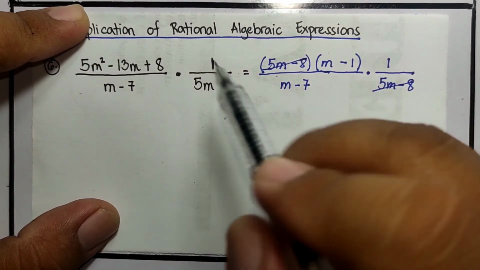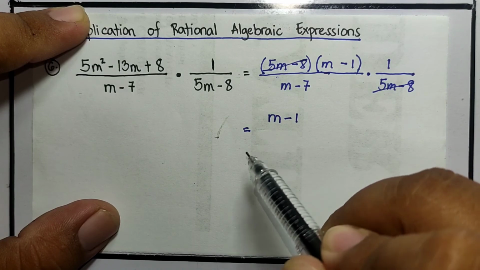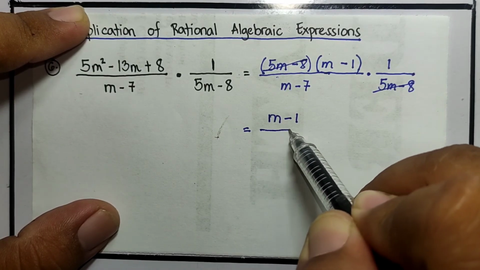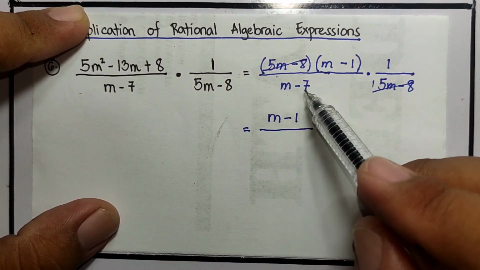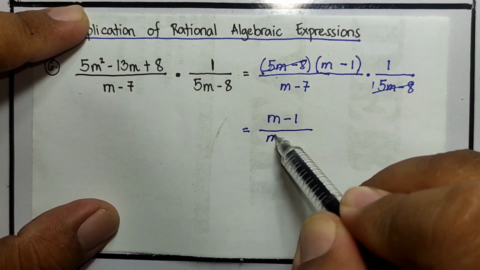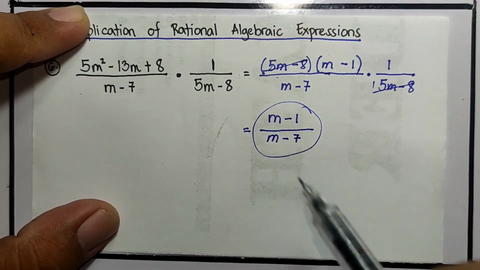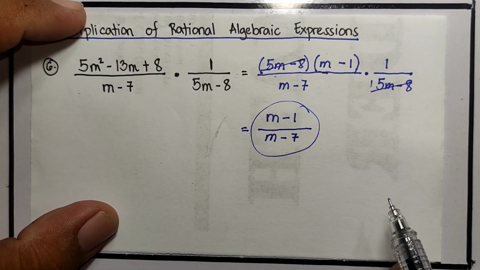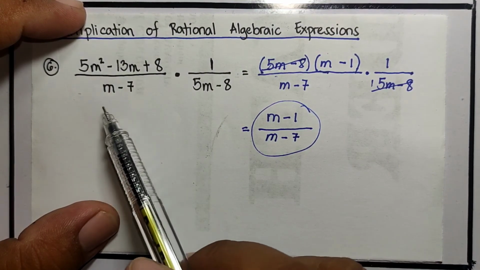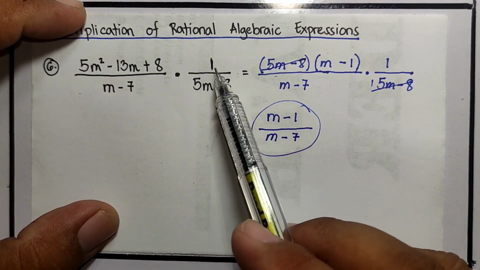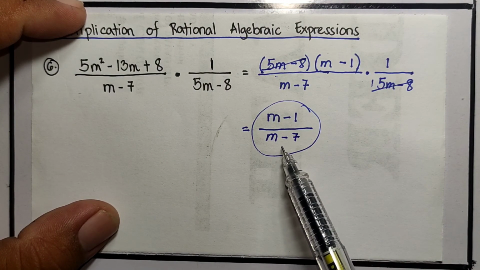M minus 1 times 1 is m minus 1 over m plus 7 times 1, which is m plus 7. And that would be the product of 5m squared minus 13m plus 8 all over m plus 7 times 1 over 5m minus 8, which is m minus 1 all over m plus 7.